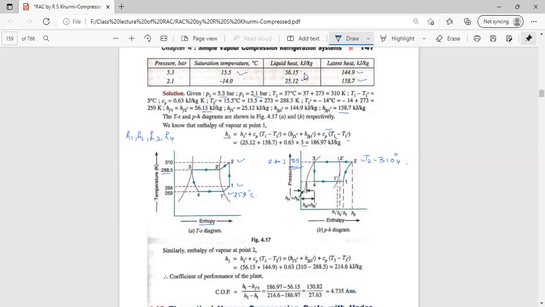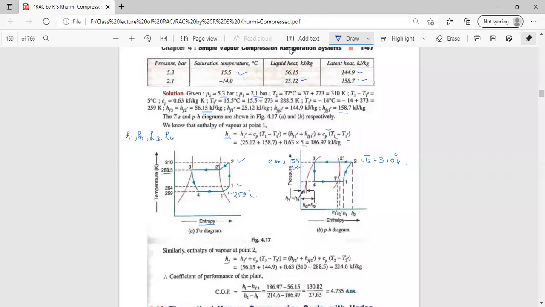Similarly, the enthalpy of the vapor at point 2, the exit of the compression stage, is given as H2 dash.